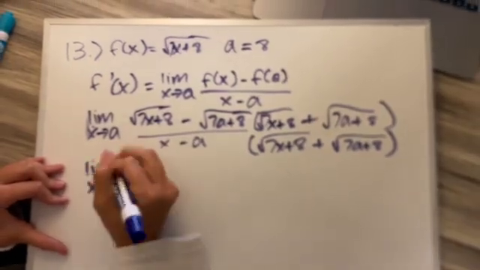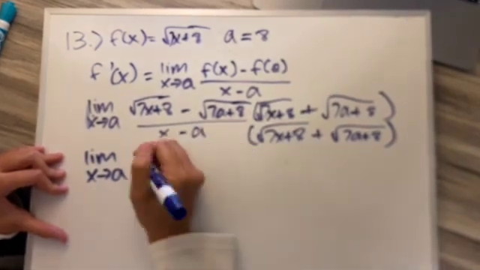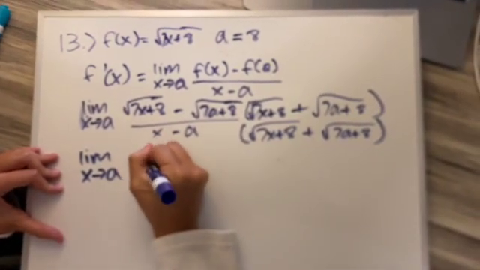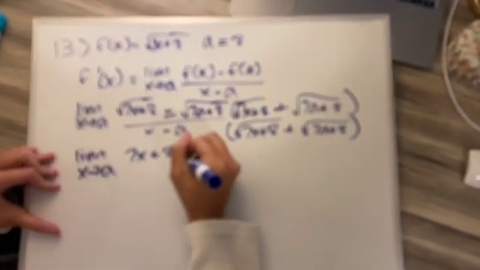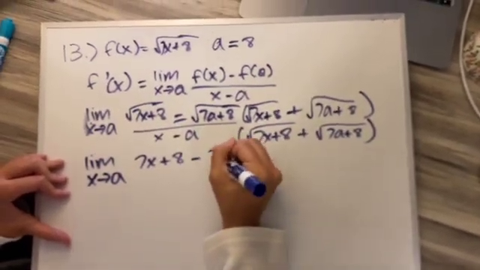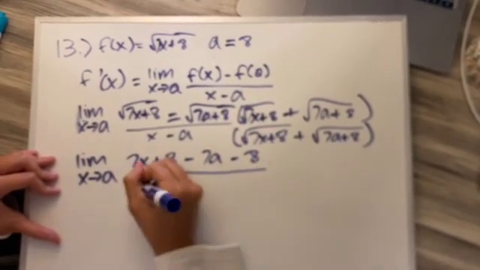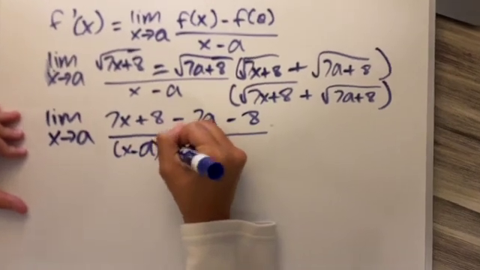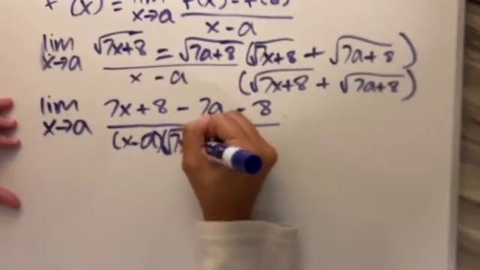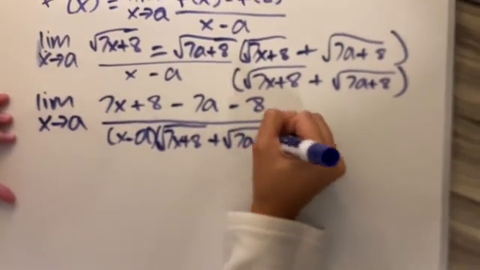So the limit as x approaches a equals the 7x plus 8. And then we have to distribute this negative. So it has to be minus 7a minus 8 over x minus a times the square root of 7x plus 8 plus the square root of 7a plus 8.